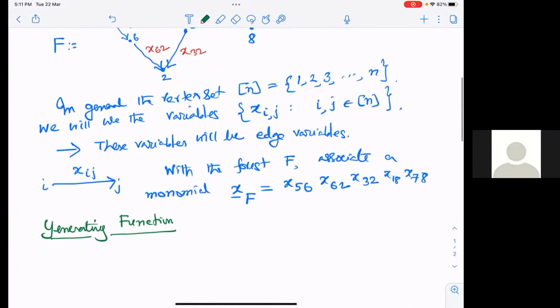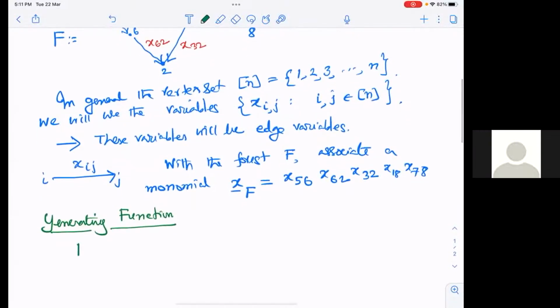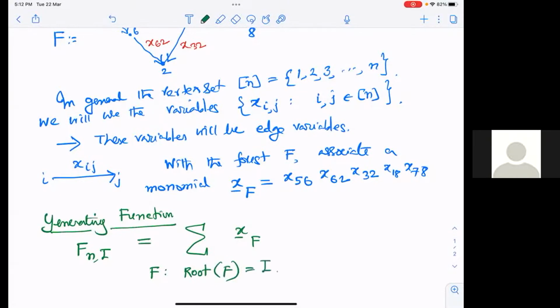So the generating function that we will be interested in, I'll write it as F(n, I). N is the number of vertices, in our case 8, and I is the set of roots. So this is equal to the summation over all such monomials x^F, where F is running over the forests such that the set of roots of all the trees in the forest is equal to I. So this is the mathematical object that I will be interested in.